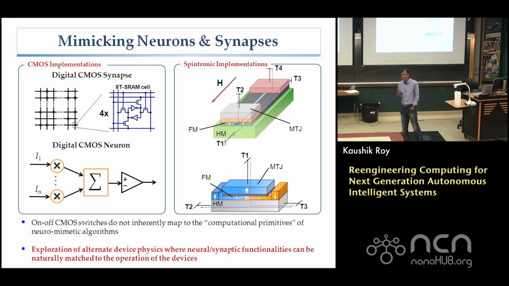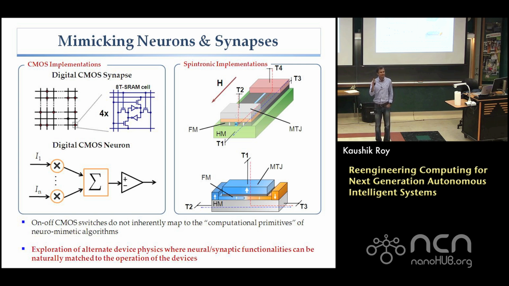In order to do the neuron functionality, you need to have a lot more transistors. You need to do the multiplication. You need to do these addition operations and some thresholding operation. So what I really wanted to tell you is that when you try to implement this using these transistors or CMOS, some of you might have heard of CMOS, complementary metal oxide semiconductor technology.